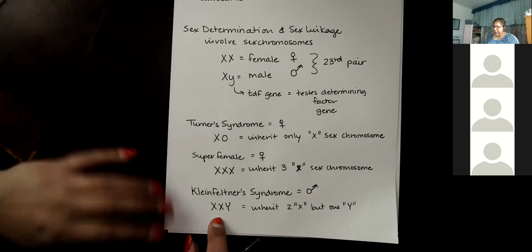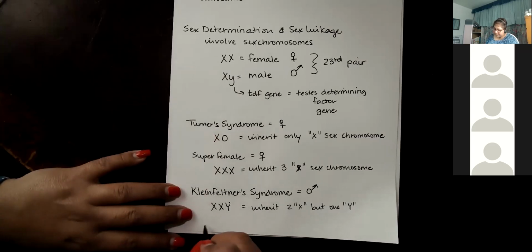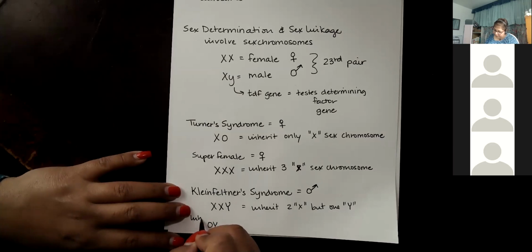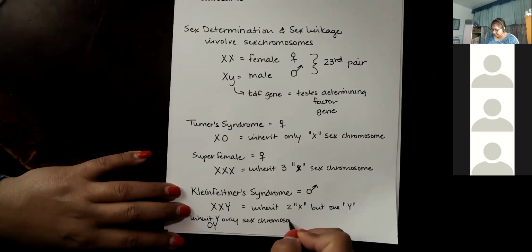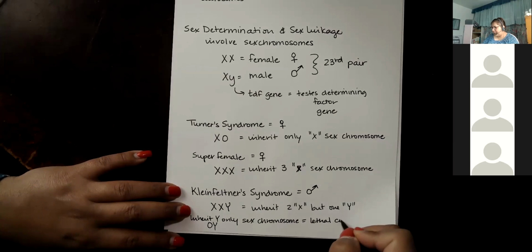Is it possible to inherit Y only? So could you be 0Y? Could you inherit the Y only sex chromosome? It turns out that no, you can't. That's a lethal condition.